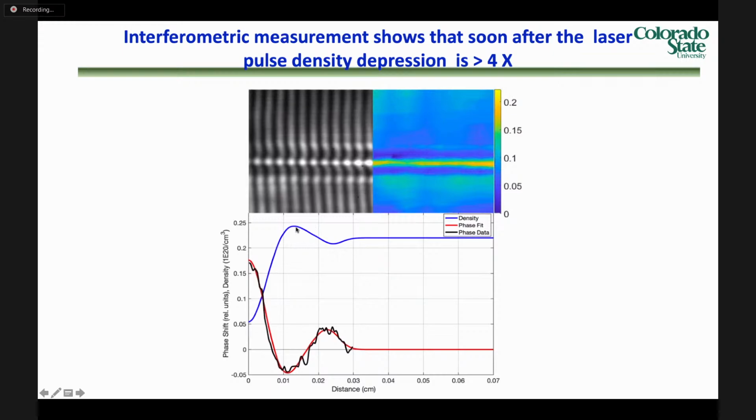We see indeed that there is a density reduction of more than a factor of 4. So what we are concluding here is that it is not the cumulative action of many pulses creating this channel which is the main contributor to the breakdown, but actually the density depression caused by each laser pulse that arrives.